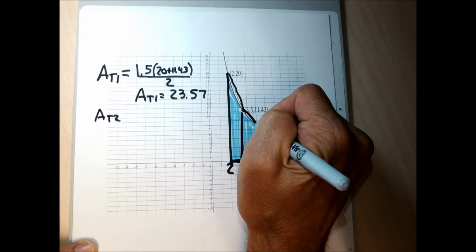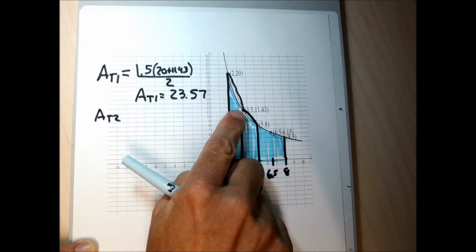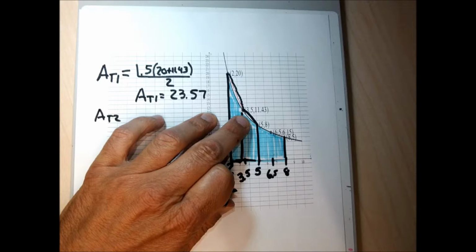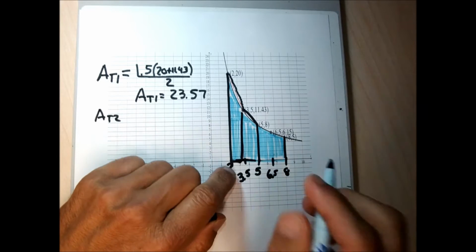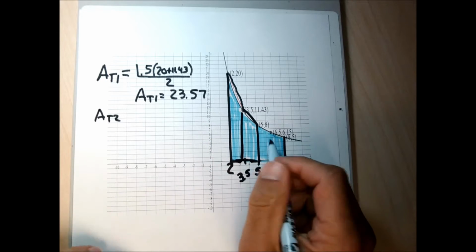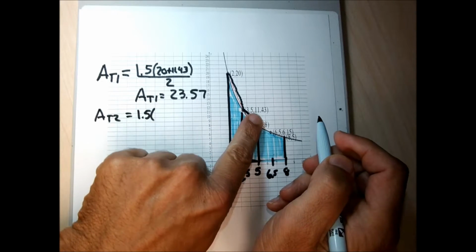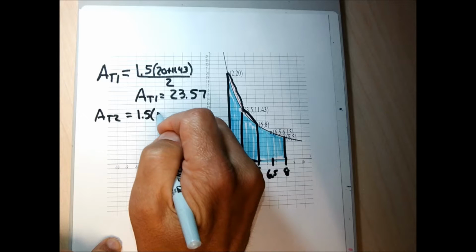And again, it slightly overestimates the area. Again, my lines aren't perfect, but I'm trying to exaggerate that I'm overestimating. So for trapezoid 2, its height is 1.5. Its base 1 is the y-coordinate of that point, which is 11.43.